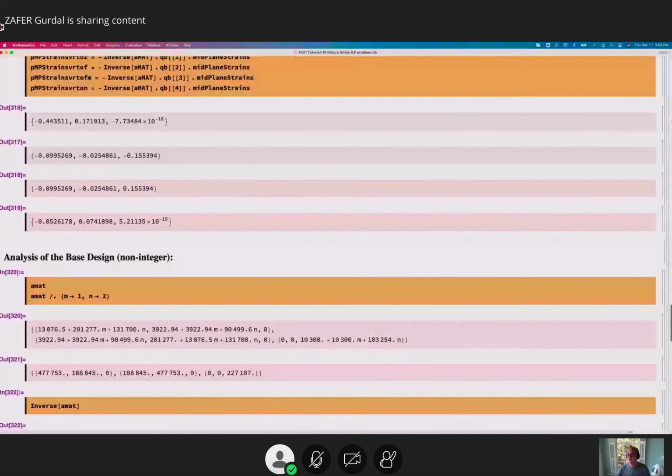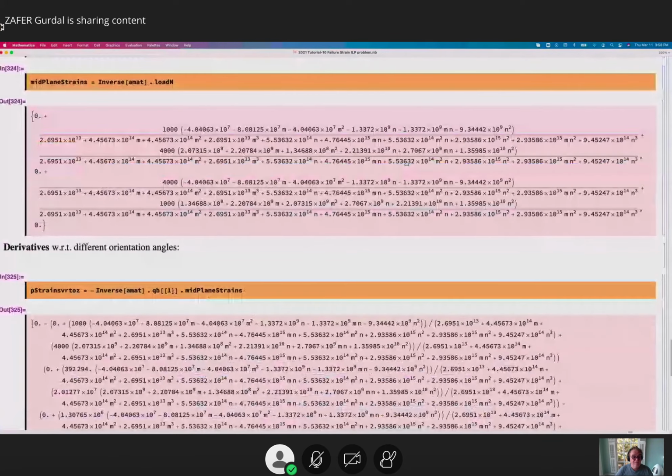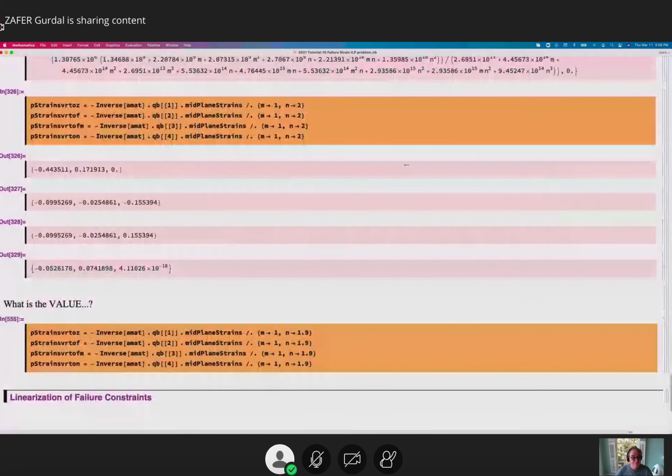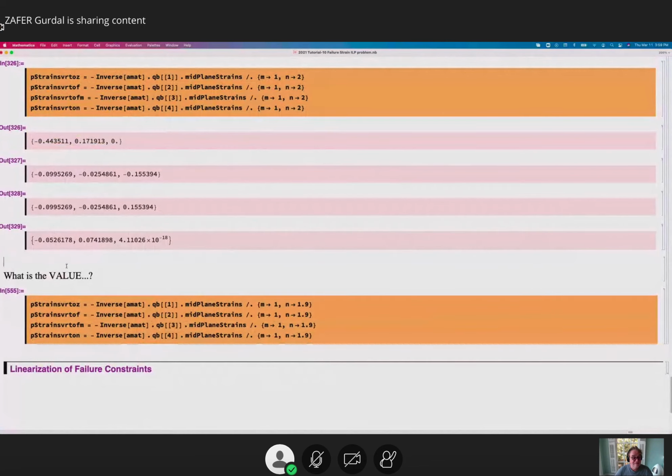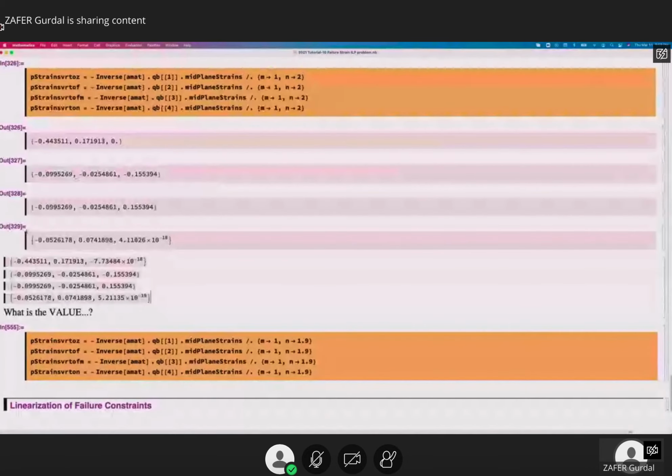Just to compare, I'm going to copy these from there to the bottom of this, just to show that the two different ways I get the same results. 0.44, minus 0.4, 170. They're the same, except this is a bit cleaner. Instead of typing minus 18, it shows 0, and that's the only difference.